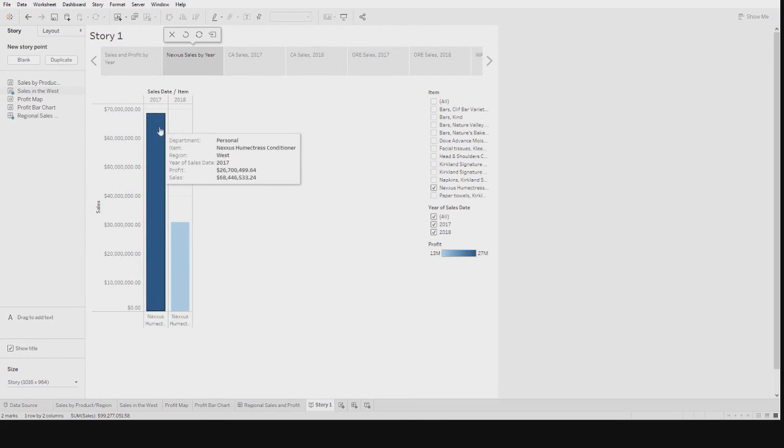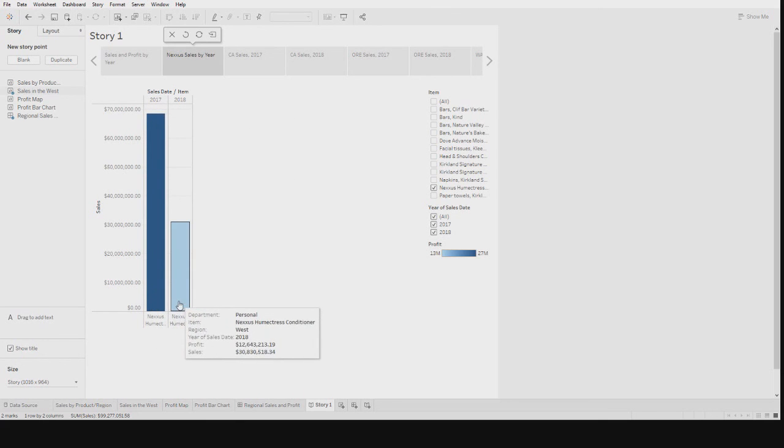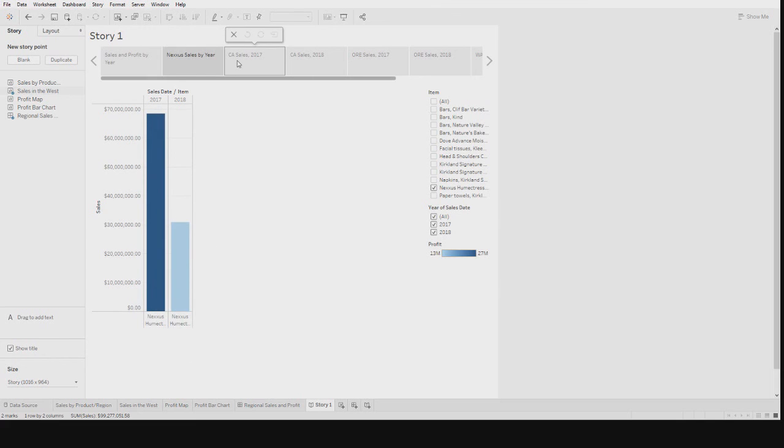You can see that this cream that we're talking about had significantly higher sales in 2017, significantly lower sales, lost 38 million in sales and close to 14 million in profit. $14 million is a significant profit loss over just 2 years on just one product.